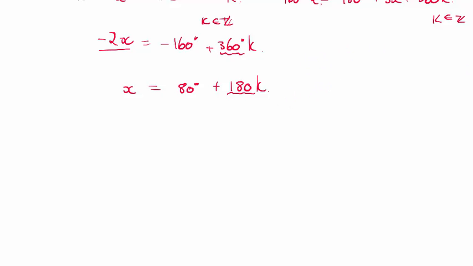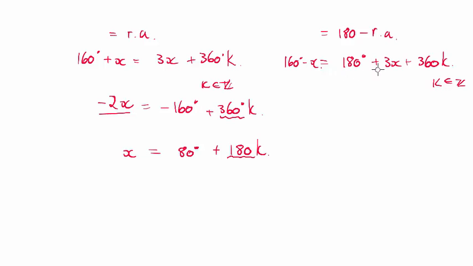Okay, on the other hand, on this side, I've got negative 4x is equal to 180 minus 160, which is 20 degrees, plus 360 times k.